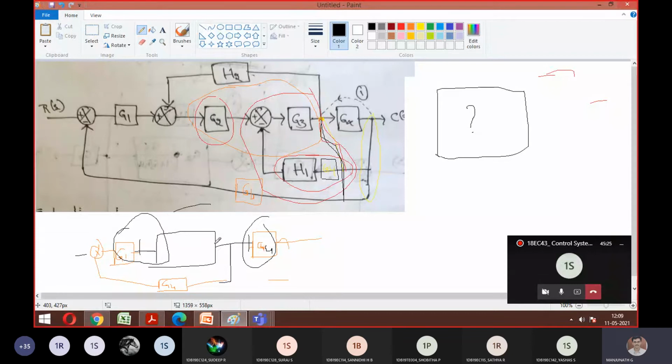These two cascade, and again what is going to happen for this? Is it feedback only? Elimination. See, minus is there. Don't worry, H is not there, so H is 1 here, which I have to multiply with G4. Get me the answer for this first. It is G1, G2, G3 divided by this complete term. Now apply the feedback path for this and tell me what is the answer.